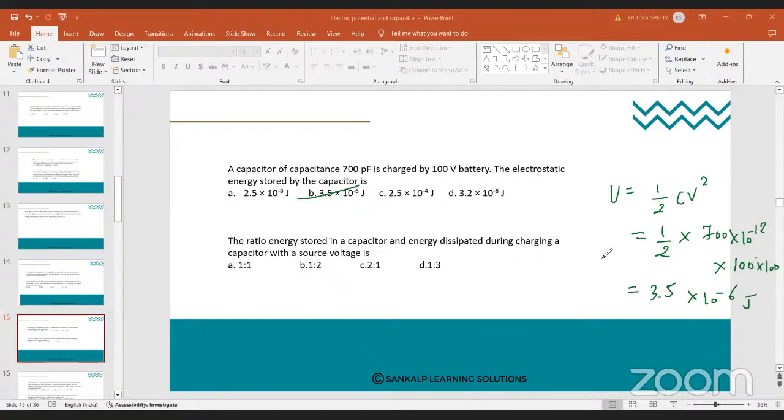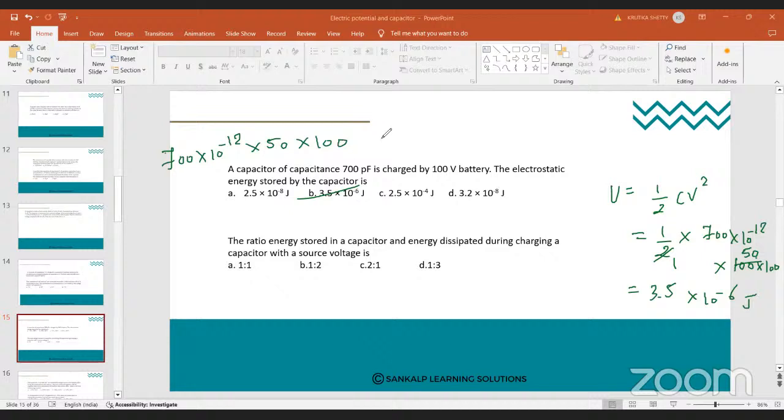See here, 2 ones are 2, and 2 fives are 10, so this is 50. Here we have 700 into 10 raised to minus 12 into 50 into 100.